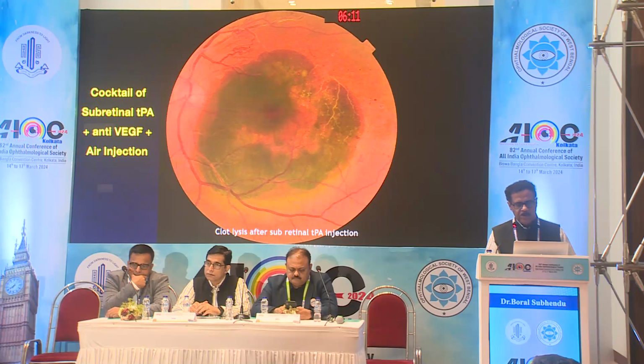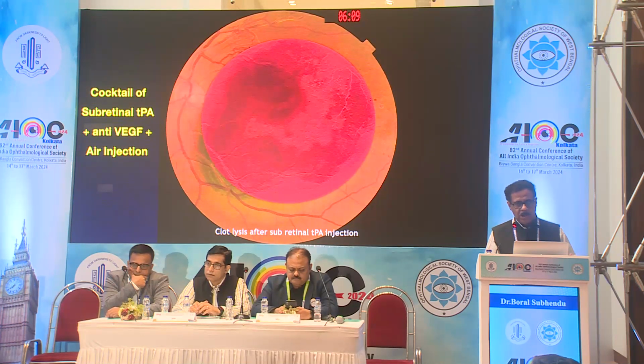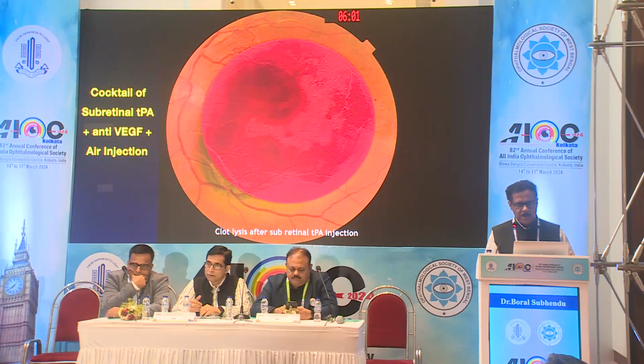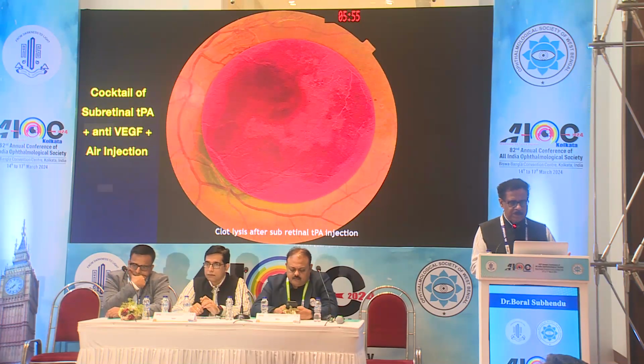After giving subretinal TPA, clot lysis occurs and the blood color changes like this. You can see the black, dark colored blood, and now it is quite light colored blood. Just after giving the subretinal TPA injection, the blood color will change after 10 to 15 minutes like this.